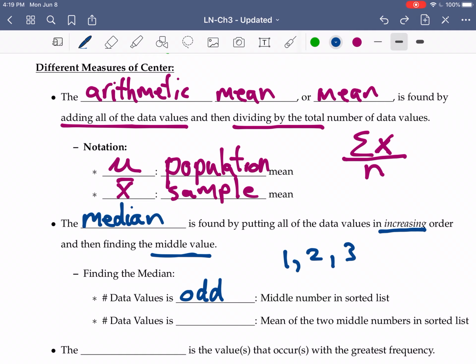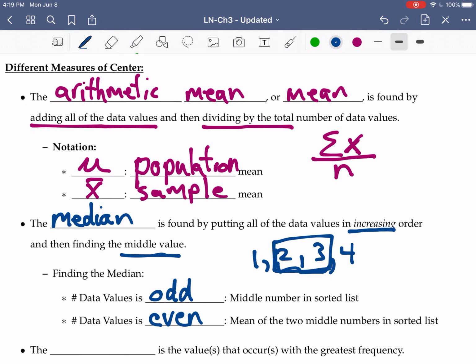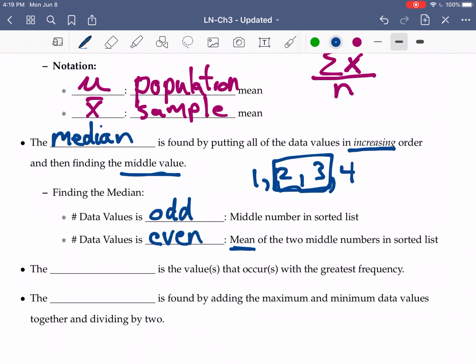And so that is your median. If you have an even number of data values, 1, 2, 3, 4, then you have 2 values that are in the middle. And so you would add those 2 values together and divide by 2. You take the mean of those 2 values.